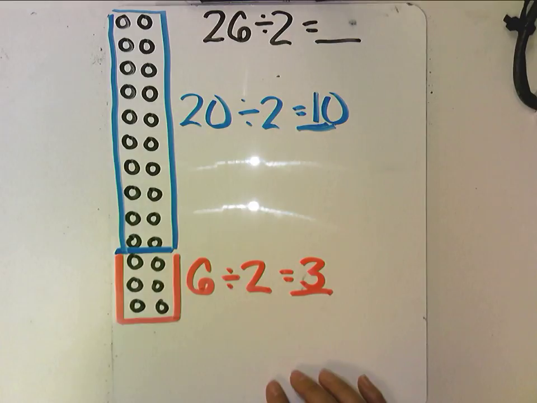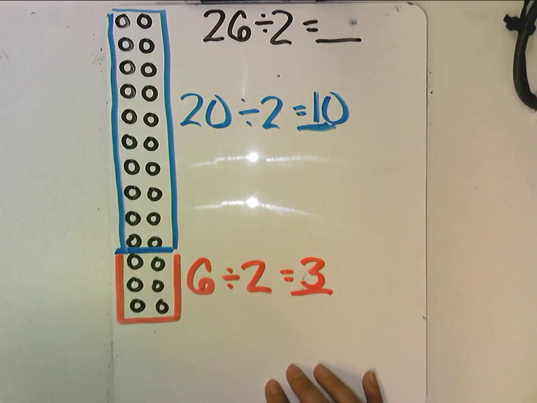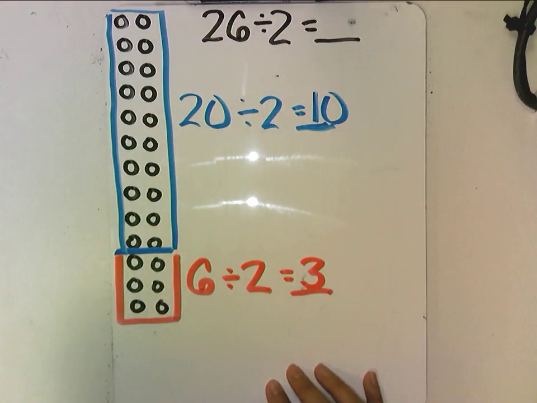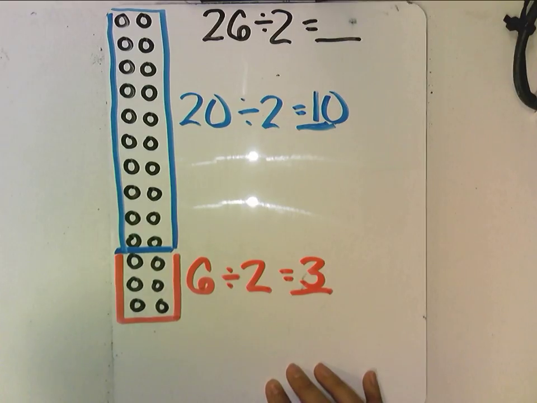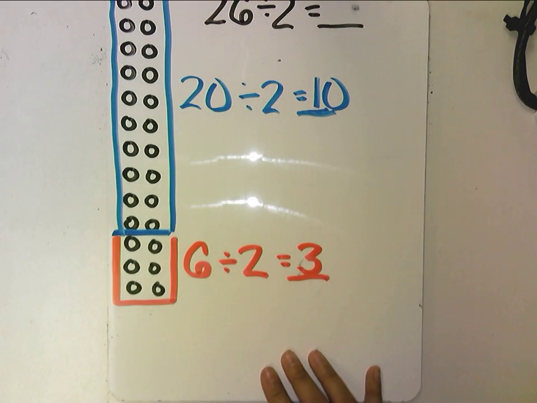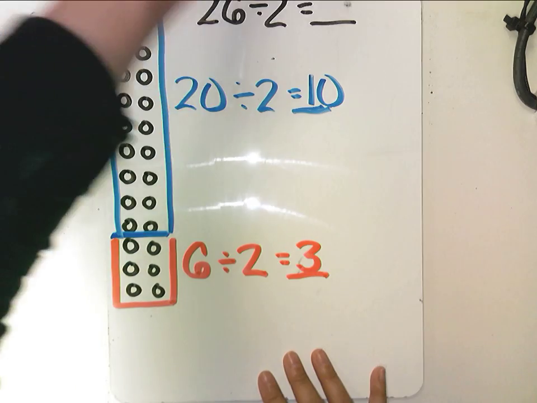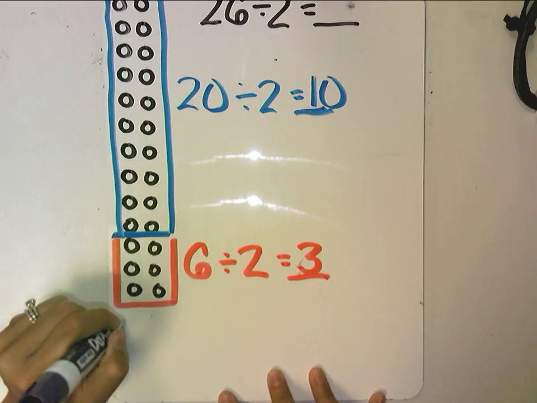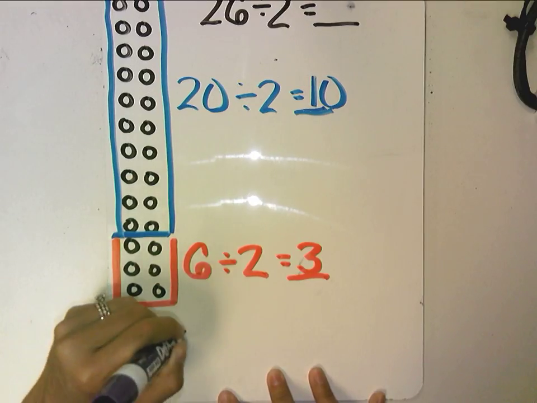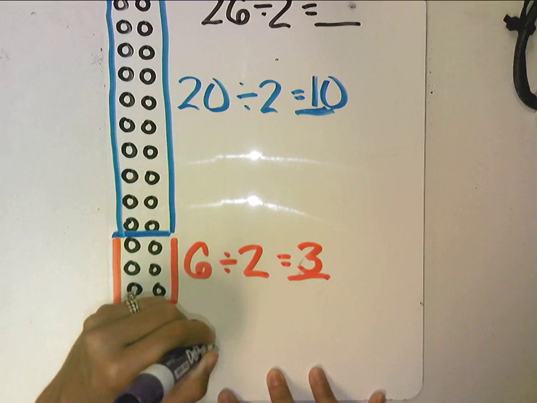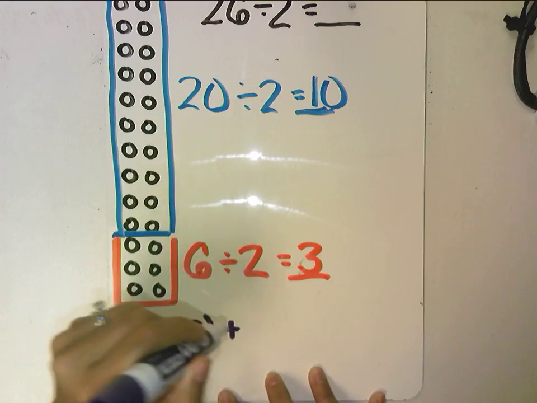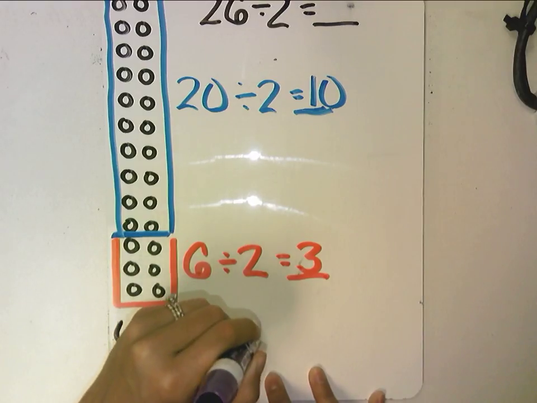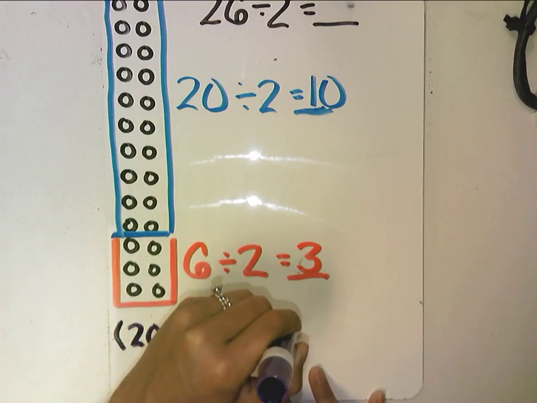Now at the bottom, we're going to rewrite this as the addition of two quotients. So we're going to use the equations that we've already written, and we're writing that down here. So we have 20 divided by 2 plus 6 divided by 2.